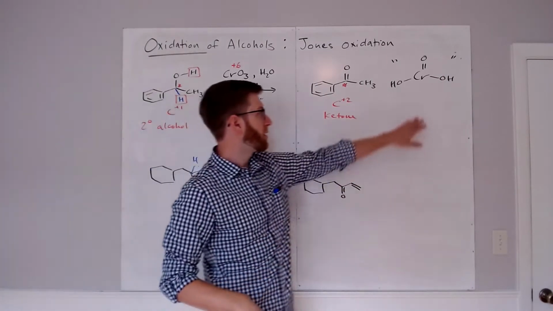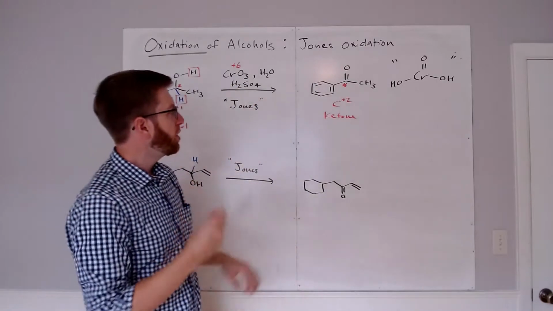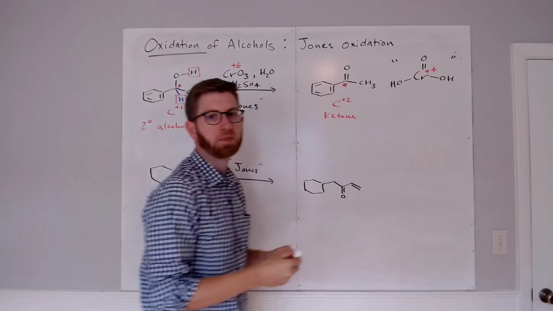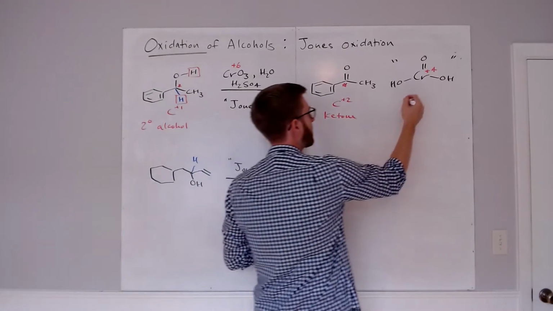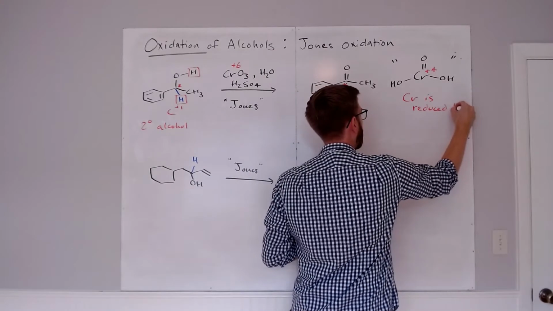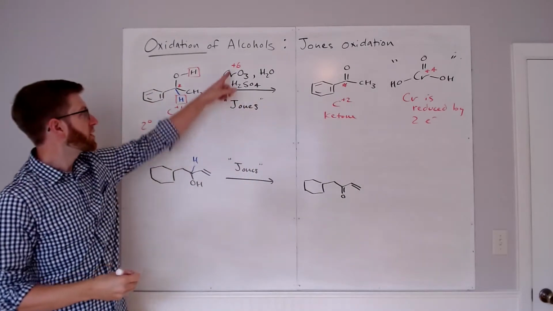It's not just a single molecule like this. Think about lots of these that are all stitched together. But if we look at this very carefully, this is now chromium at the +4 oxidation level. So we can see that our chromium is being reduced, and specifically reduced by 2 electrons, going from +6 to +4.